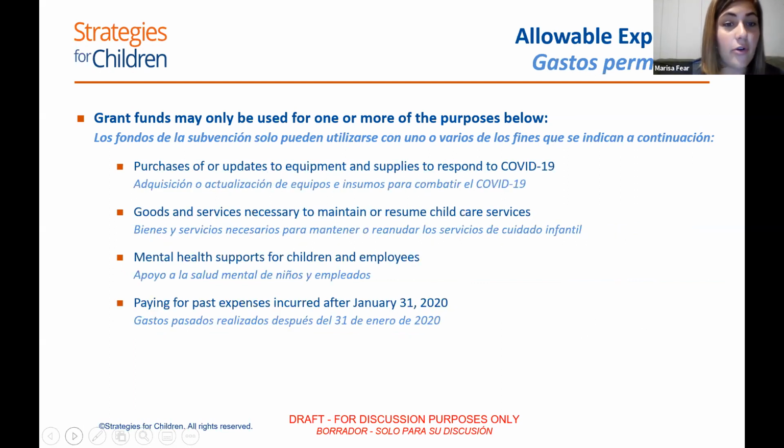The purchase of or updates to equipment and supplies to respond to COVID-19, goods and services necessary to maintain or resume childcare services, mental health supports for children and employees, and then paying for past expenses incurred after January 31st of 2020. So knowing that many of you had to cover previous expenses to reopen and to operate throughout COVID-19, you are allowed to use this funding to pay for some of those past expenses.